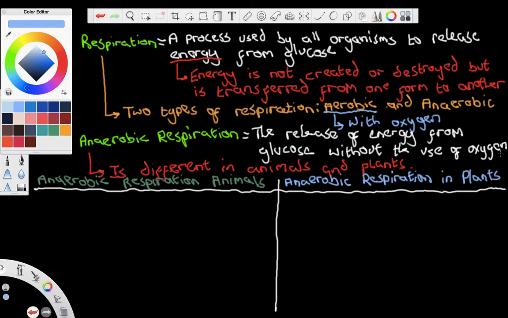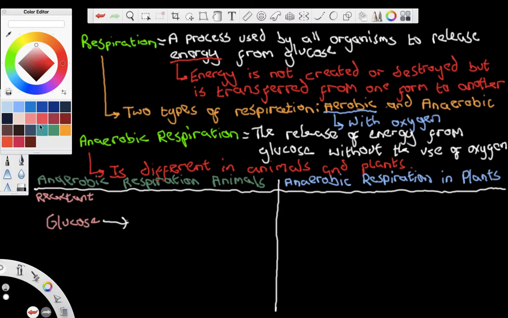Now, anaerobic respiration in animals, the equation is really, really easy. We've got glucose, which is our reactant, being converted into the product lactic acid.